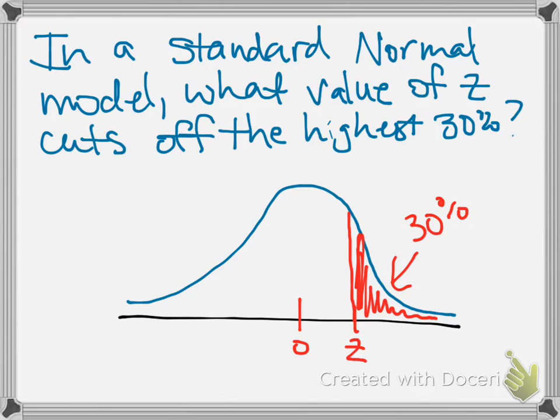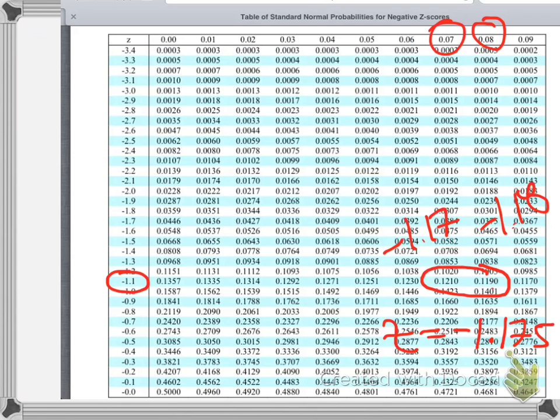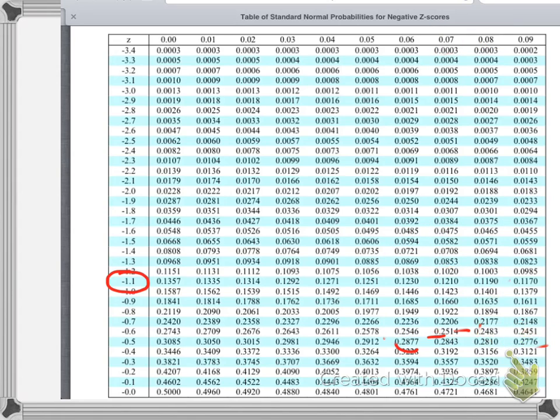Now here's where you need to make sure that you really understand what's happening in that standard normal table. As I keep saying, those values, the proportions out of the standard normal table, are the proportions to the left of z. So we don't want to look for the 30% proportion in our standard normal table, because if we did, we'd be looking over here in the negative values of z.